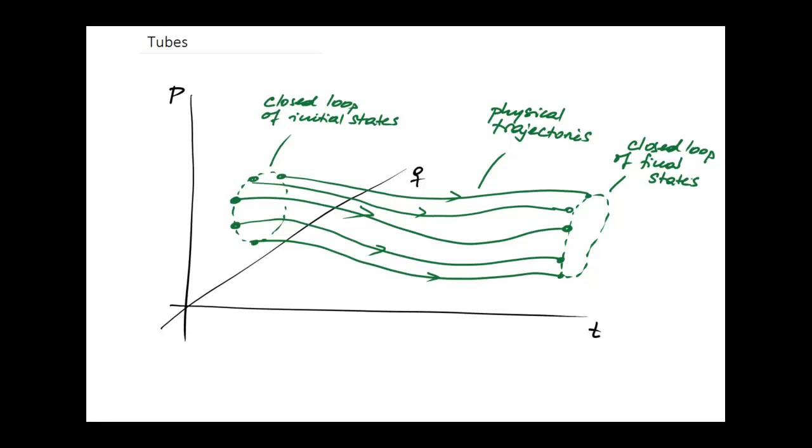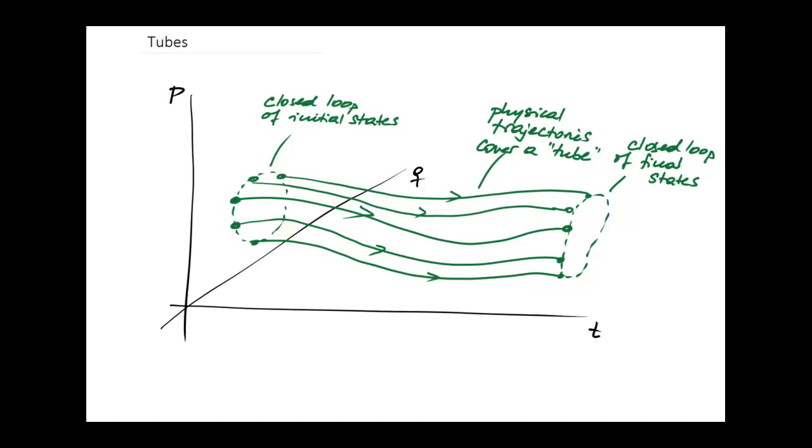And what you see from this picture is when you start from this initial loop, and then you look at the physical trajectories, and this evolves into a final loop, the physical trajectories cover the surface of a tube. So these physical trajectories cover a tube.